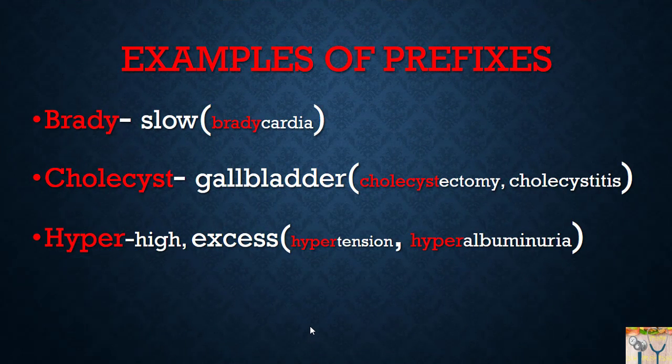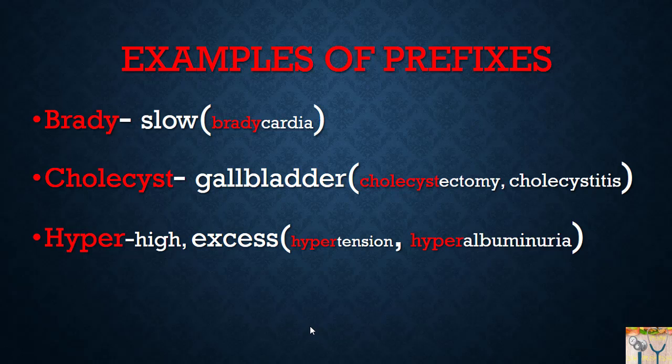So let's look at examples of prefixes and their meaning. Brady means slow. Example, bradycardia, slow heart rate. Cholecyst means gallbladder.